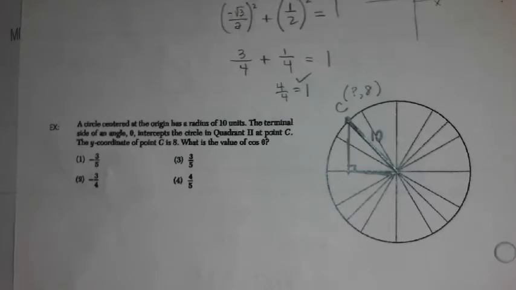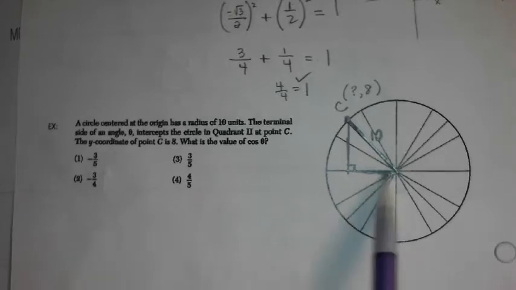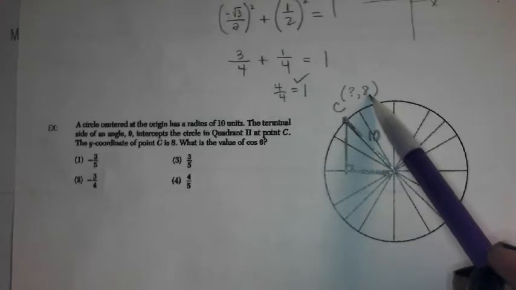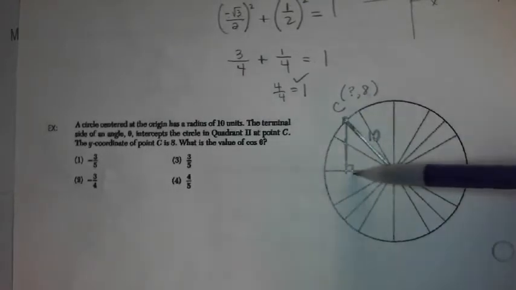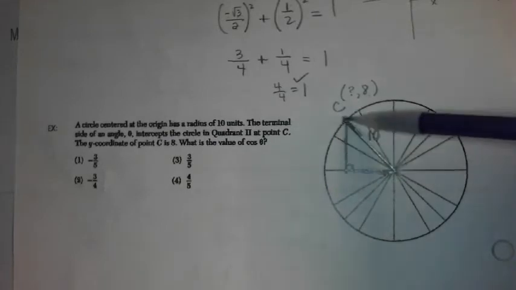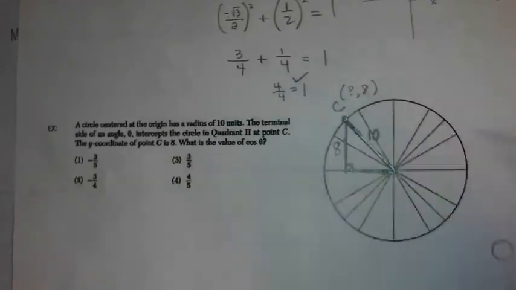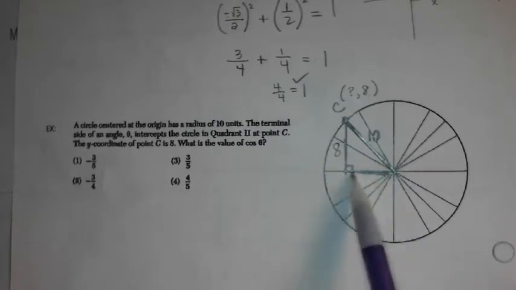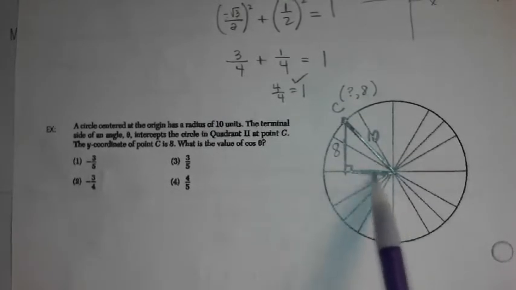What does that allow you to label in the triangle? Which leg? The horizontal leg or the vertical leg? Right here, 8? No. Vertical, that's the y coordinate, right? So you go left something, that's your x coordinate. I know it's negative, that's about all I know. And this is 8. So by giving you one of those coordinates, now we can use the Pythagorean theorem, and you should kind of know this already because it's one of your triplets.